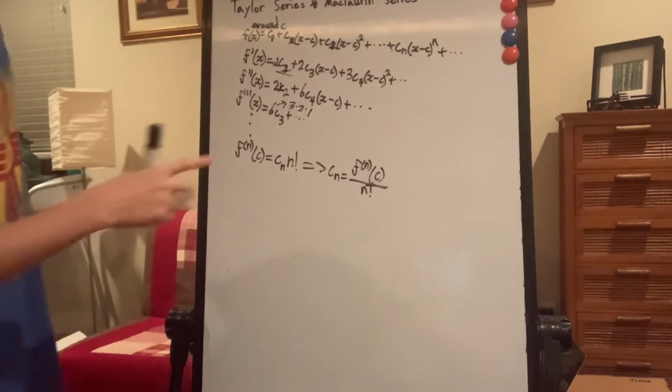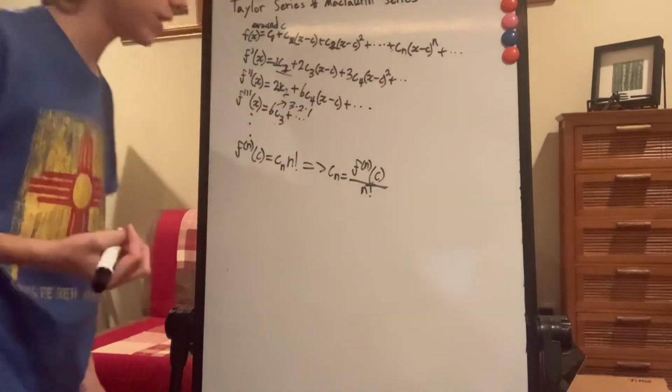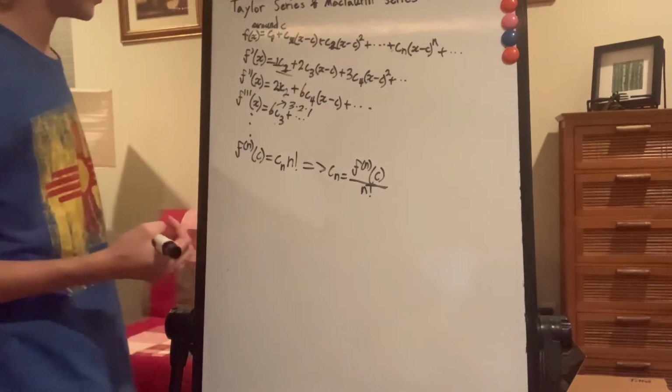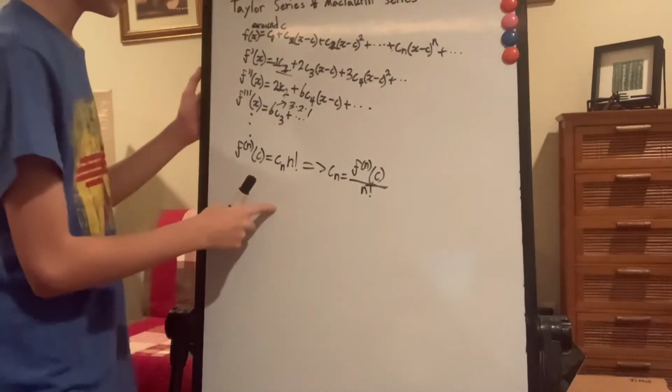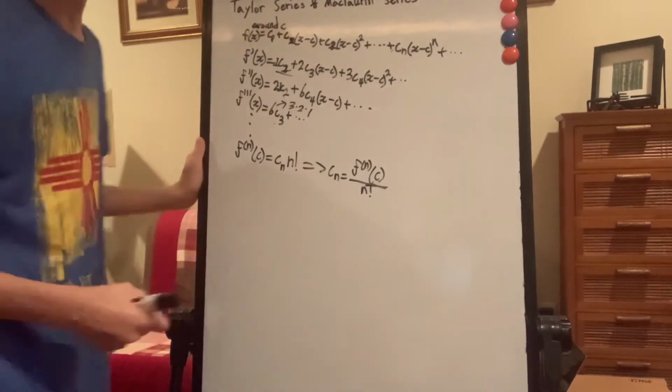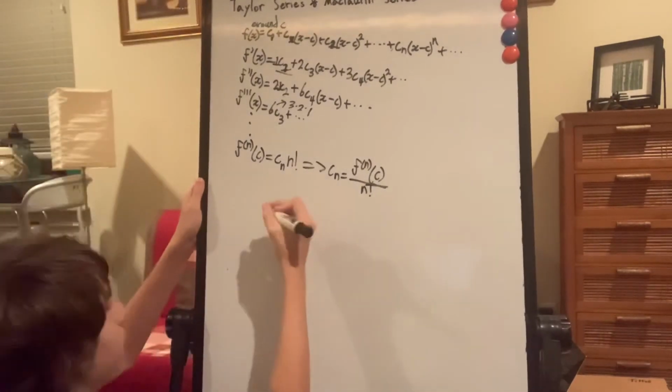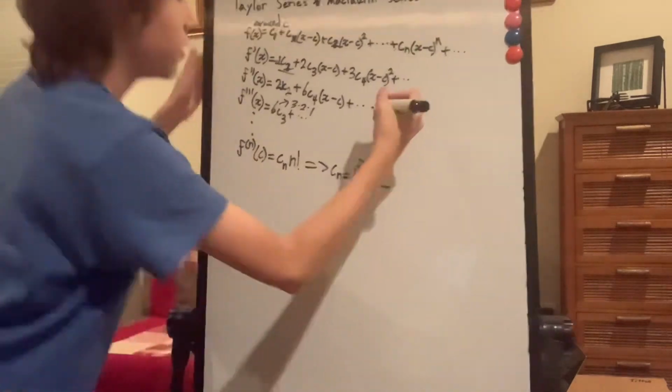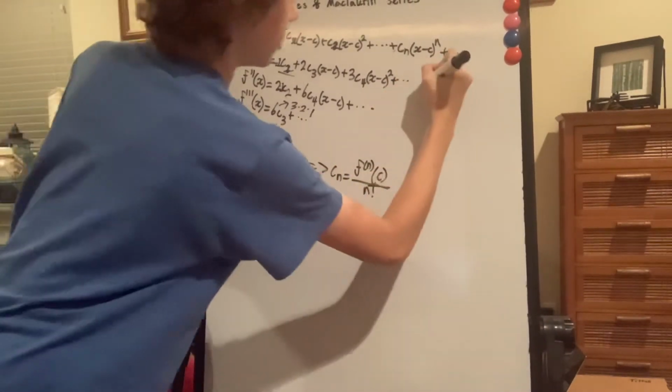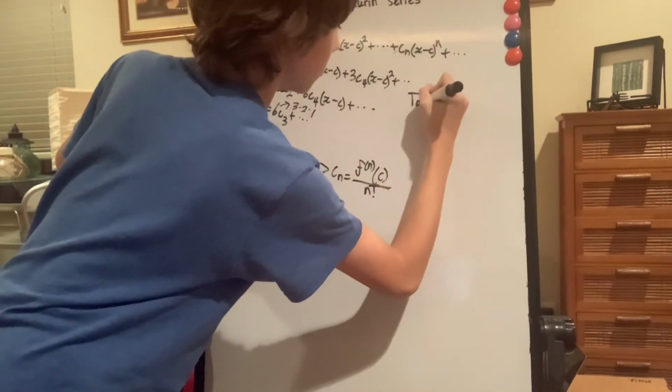And how do we express what we've just found as a series? It's pretty easy to see. If we want to express this as a series, this is the definition of Taylor series.